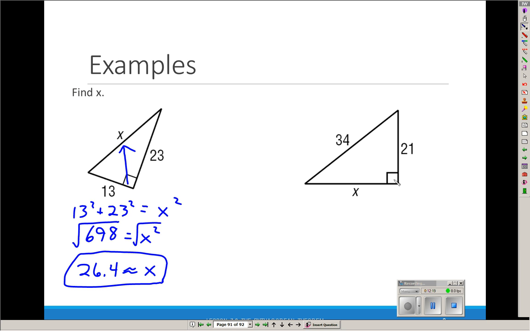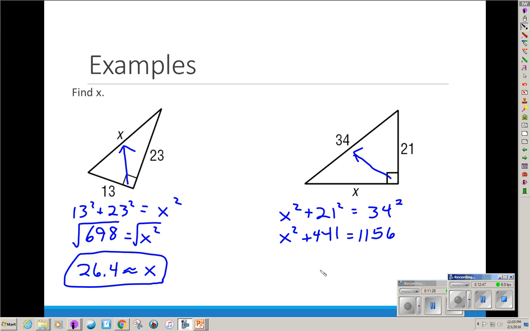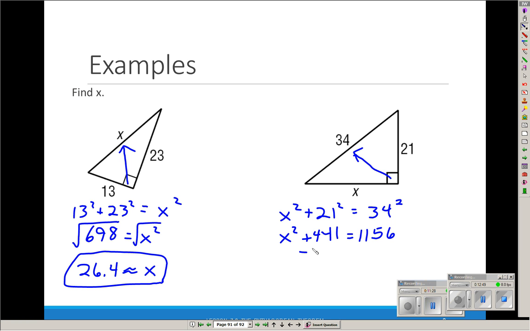Usually it's the nearest tenth. On this one, 34 is across from the right angle, so 34 is the hypotenuse. A squared plus b squared equals c squared. 34 is the one by itself here. 21 squared is 441. 34 squared is 1,156. Subtract 441.